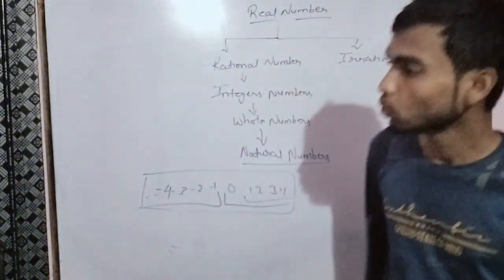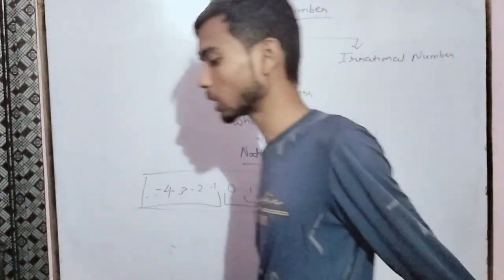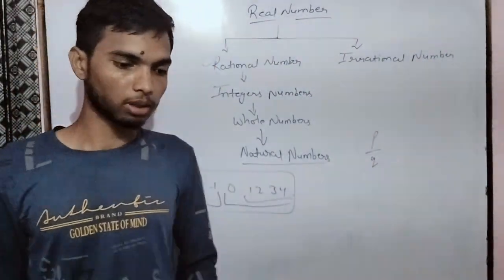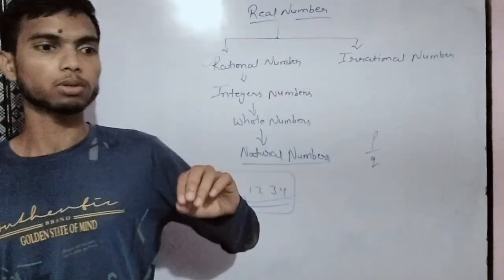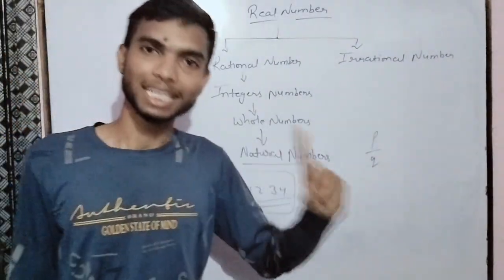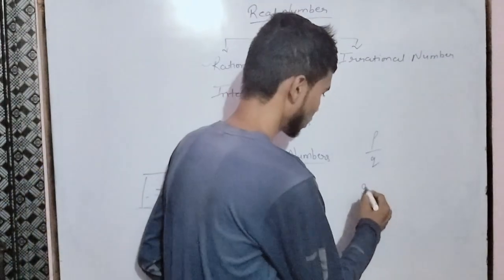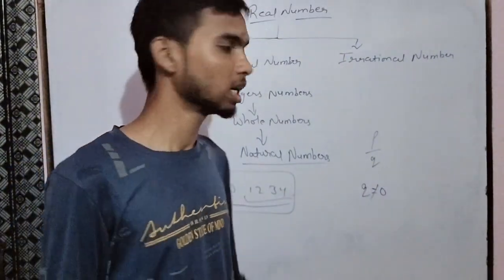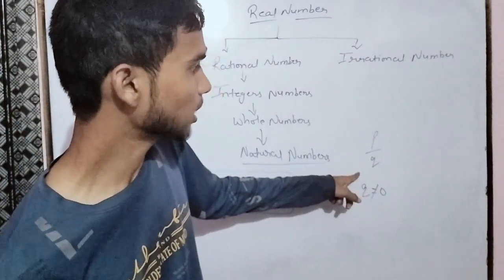So a number in the form something upon something, with P an integer and Q an integer, is a rational number, but Q should not be 0. If Q is 0, then it will be infinity, it will not be defined.